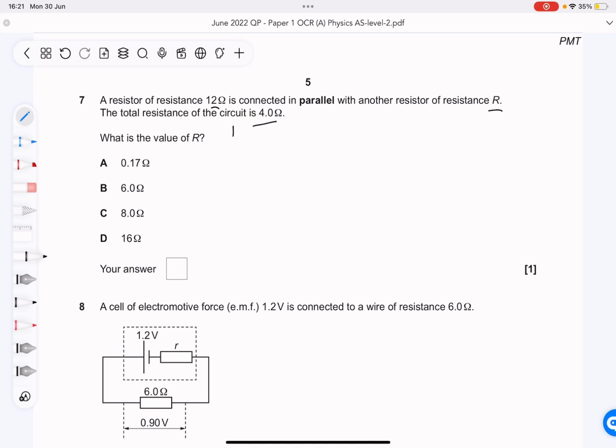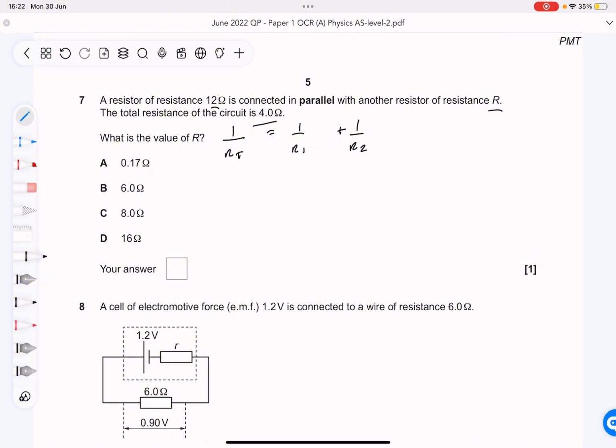So we know that for two resistors, or however many resistors, in parallel, the equation to find the total resistance is 1 over R total equals 1 over R1 plus 1 over R2.